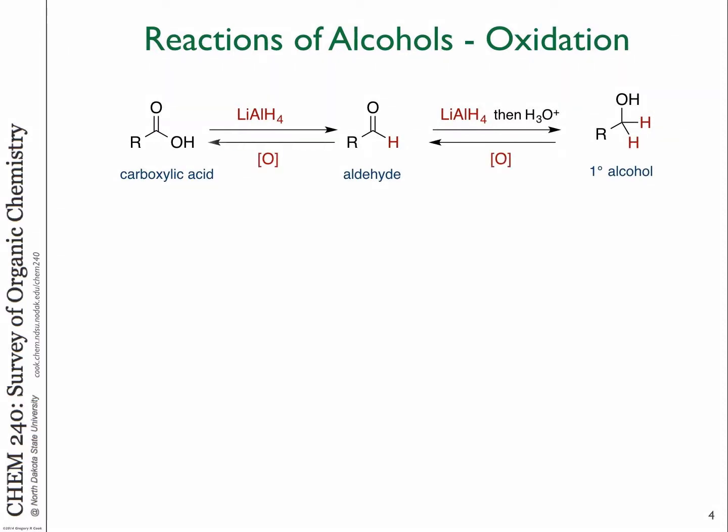Fortunately, the reverse of that, the oxidation, is certainly possible. There are ways that we can do that. And we have different oxidation methods. Again, stronger oxidants, weaker oxidants that allow us to stop at the aldehyde stage or continue to the carboxylic acid stage.